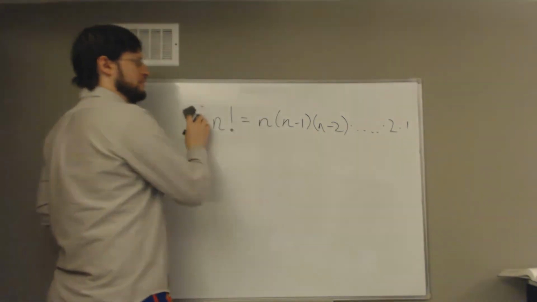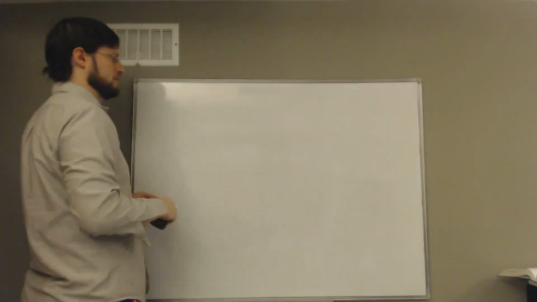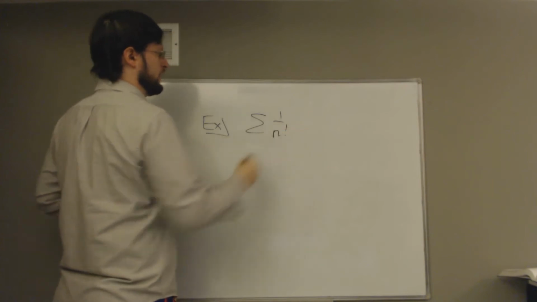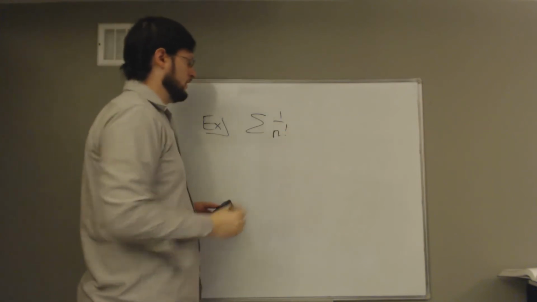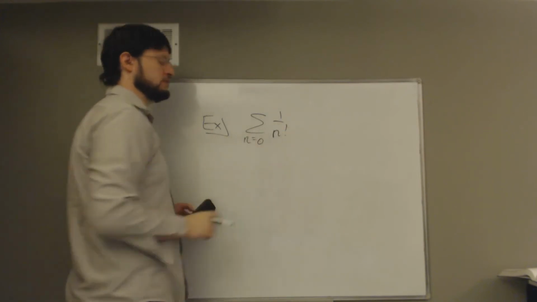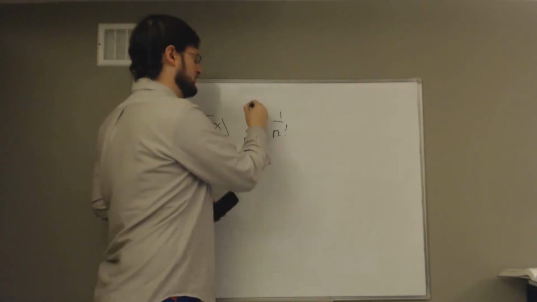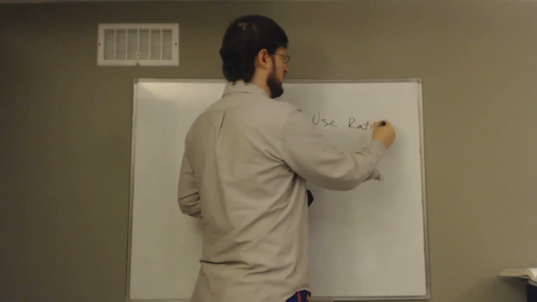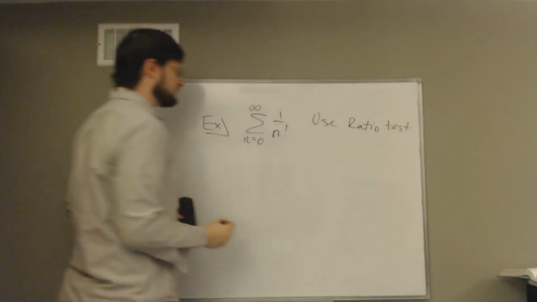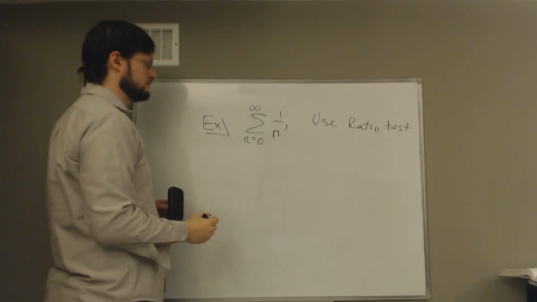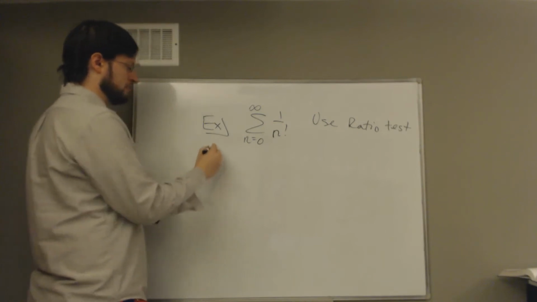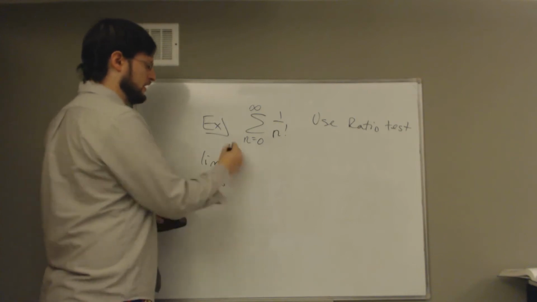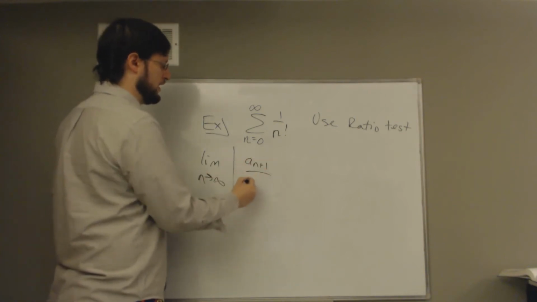So let's look at this series, 1 over n factorial. I can actually start at 0 if I want, because 0 factorial is 1, remember. So let's use the ratio test. Alright, so the limit as n goes to infinity of a_(n+1) over a_n.